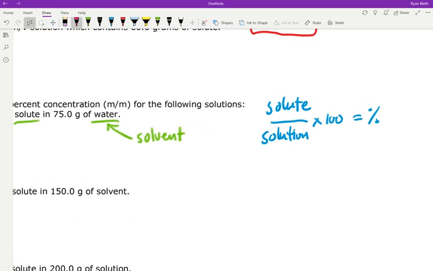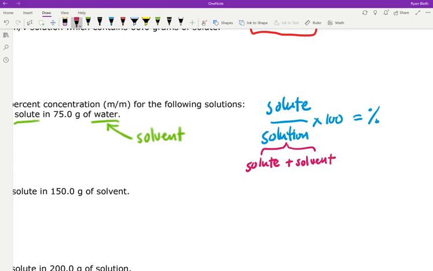But if I know what I'm looking at, I can tell that this solution down here at the bottom is made up of 2 things. According to the definition that we took in our notes for solutions, that's solute plus solvent. That's the definition of a solution. Solute plus solvent makes solution.